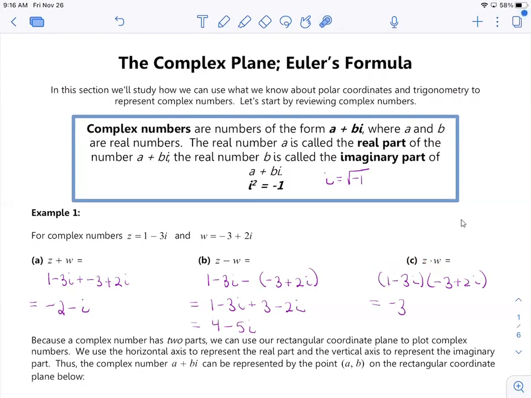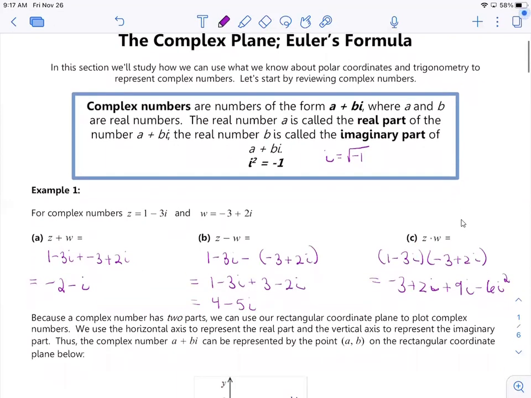Then we're going to do outer, 1 times 2i. -3i times -3, so we get plus 9i. And then -3i times 2i, we get -6i squared.